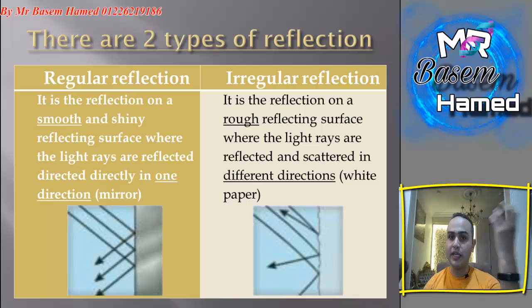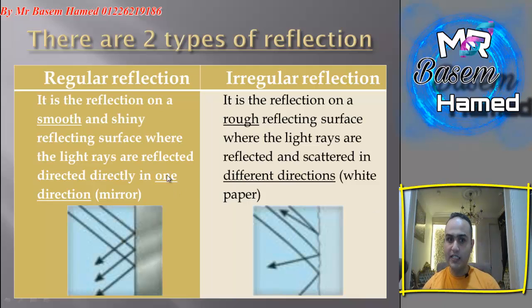There are two types of reflection. We have regular reflection and irregular reflection. Regular reflection happens on a smooth surface like the mirror or the glass. But irregular reflection happens on anything else, like the foil paper or any object around us.